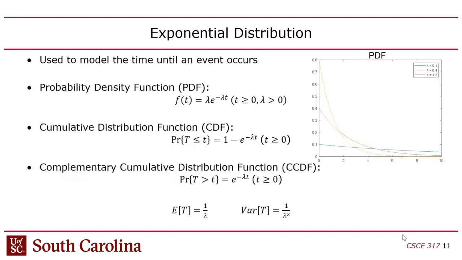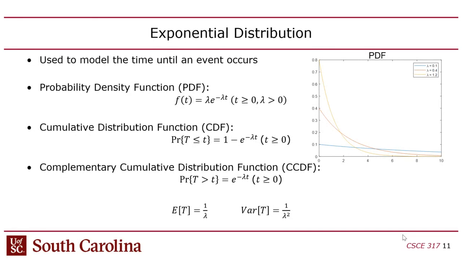Right, and then we've got the PDF, the CDF, and the CCDF. The CDF and the CCDF, I think, are pretty obvious. It's literally just an exponential function, e raised to the negative lambda t. The CDF has that 1 minus, and the CCDF is just e to the negative lambda t.